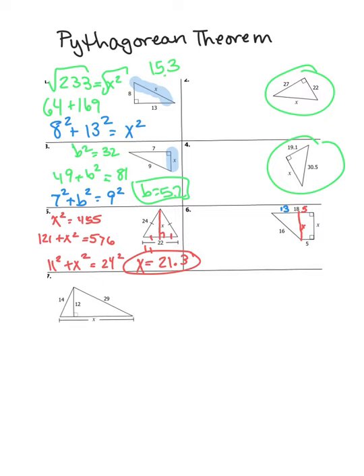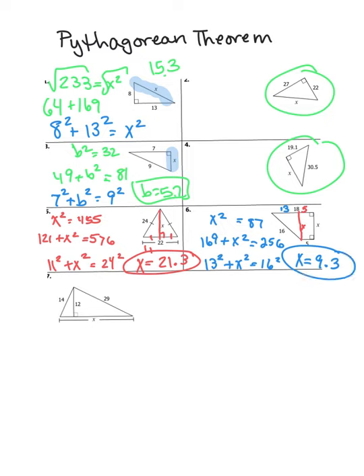So I can set up my Pythagorean theorem. 13 squared plus x squared is equal to 16 squared. 13 squared is 169, and 16 squared is 256. 256 minus 169 is 87. So x squared is equal to 87. The square root of 87 is 9.3. So x is equal to 9.3.